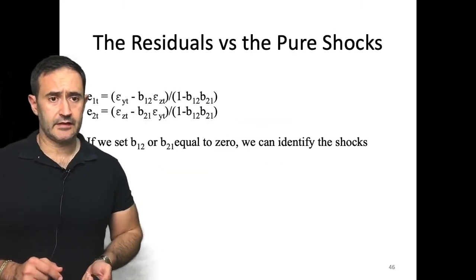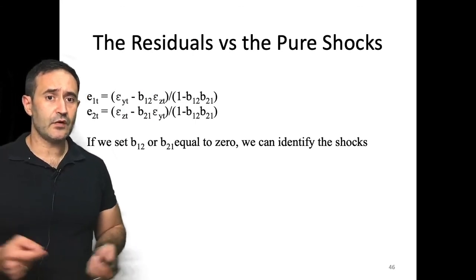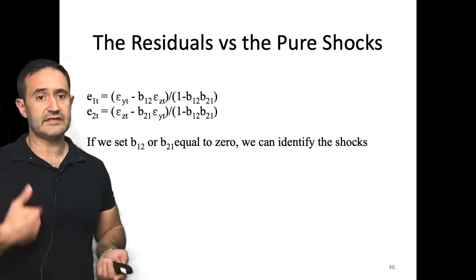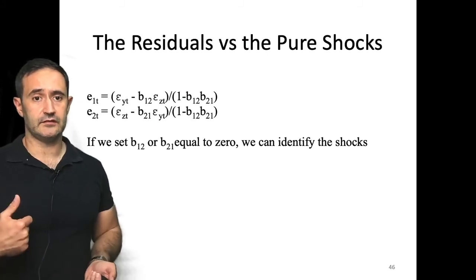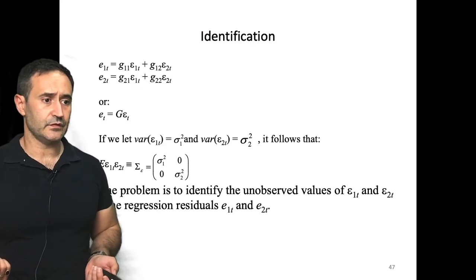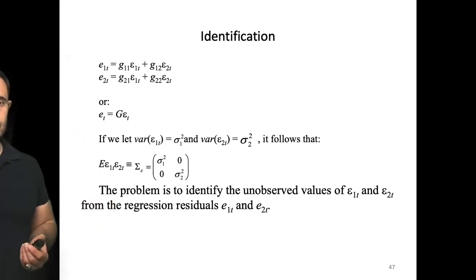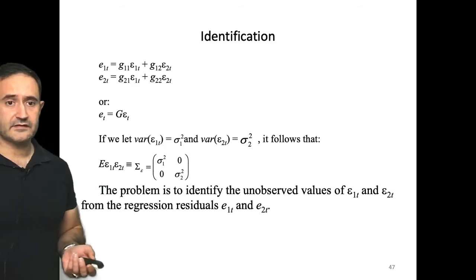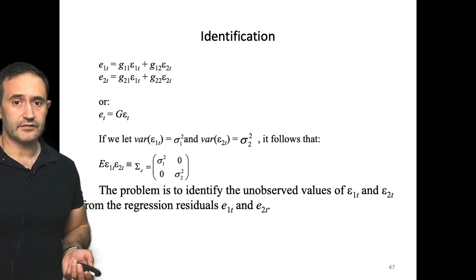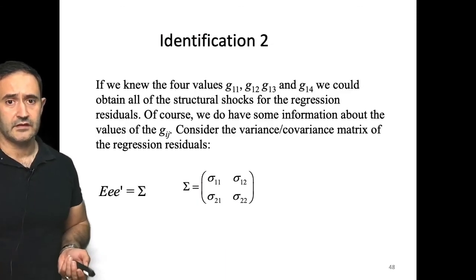Very good. Of course, if we could know this B1, B2 and so on, we could easily go back to the structural model, but we don't know those guys here. So as we have there, the problem is that what we observe is E1 and E2, but not these epsilons, which are the ones which come from the original models.